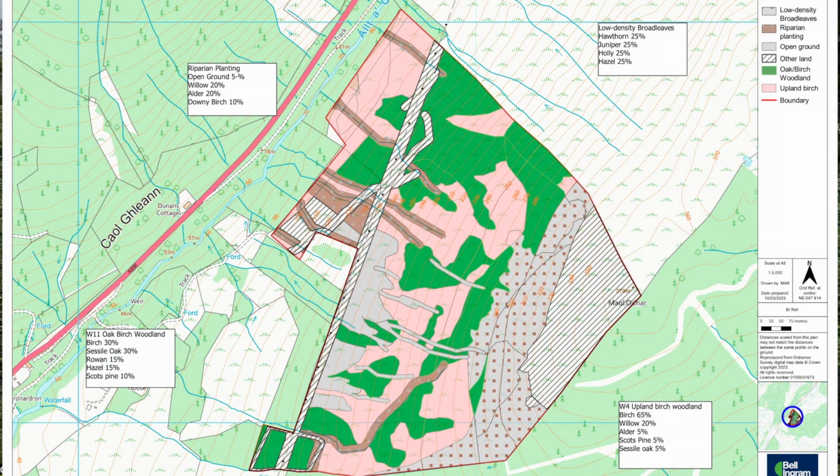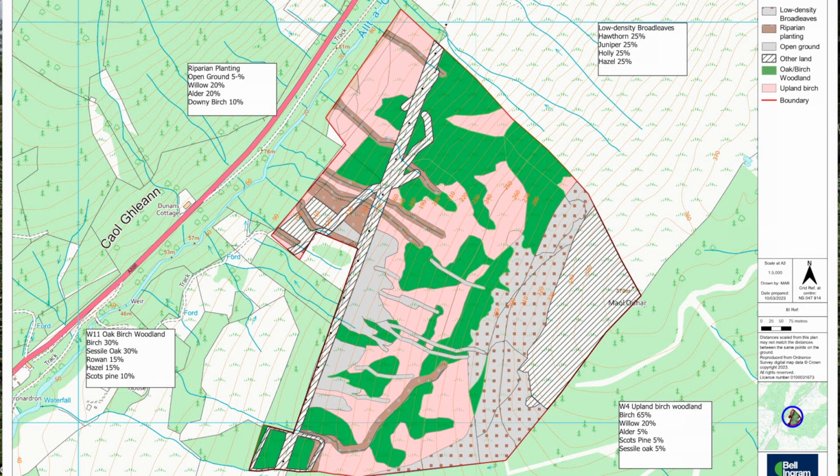Now, having had a look at that, we're going to have a look at the species map. Now, this is slightly different than the density map, the reason being that the oak birch woodland, the upland birch, and the riparian planting are slightly different, involving different mixes.